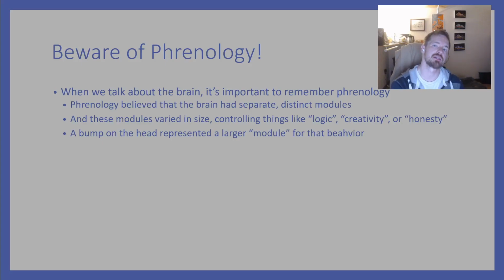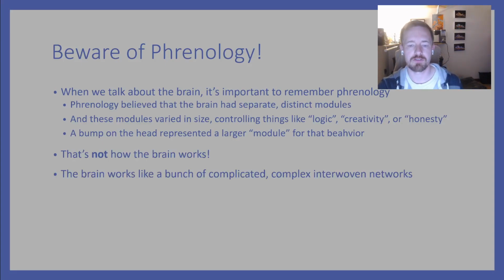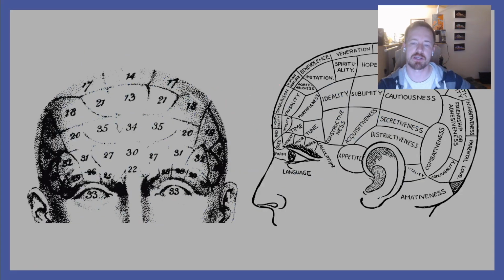Phrenology is a dead science. It's a pseudoscience, so it's not a real science, but it looked like a science from the 1800s and into the early 1900s. The idea was that phrenology believed that the brain had different modules all throughout its head. I'm going to show you this image right here. This is an example of a phrenologist diagram where, let's say, this part of my brain is for cautiousness.